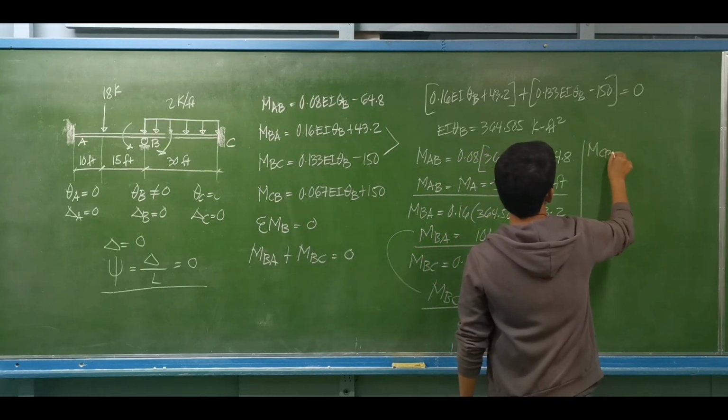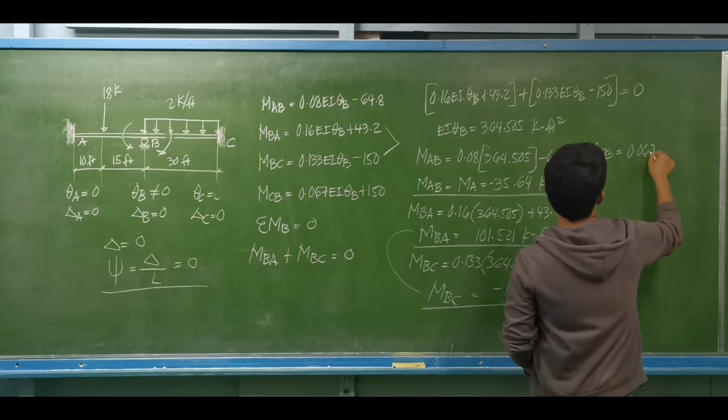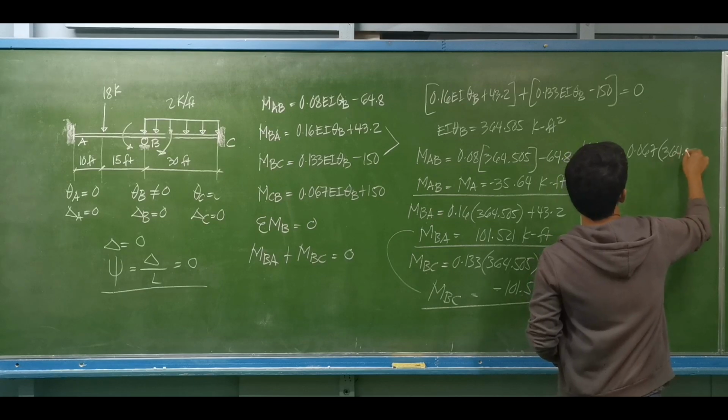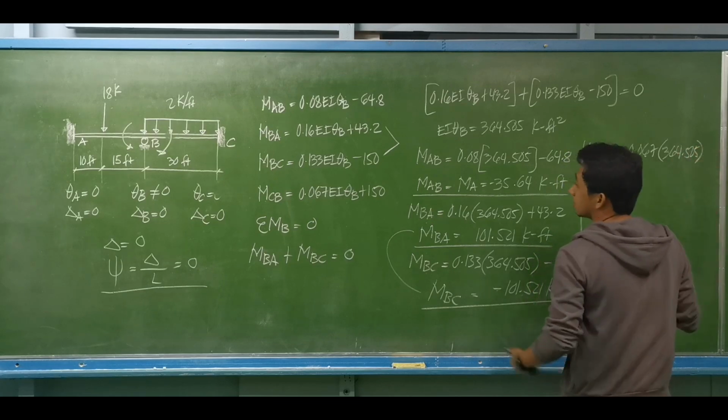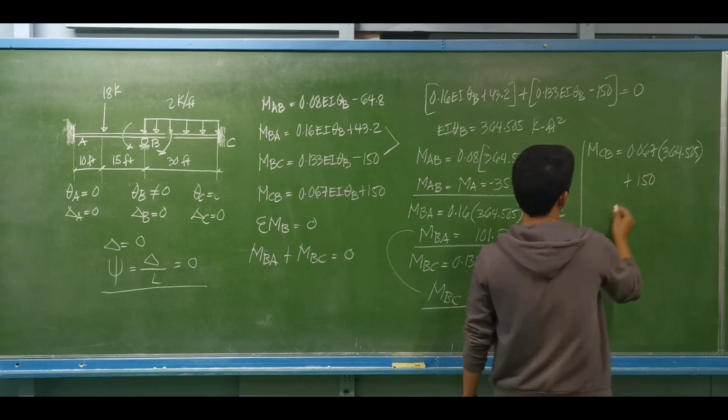Then lastly, we have the moment CB. Moment CB is equal to 0.067 of EI theta sub B, 364.505, plus 150.